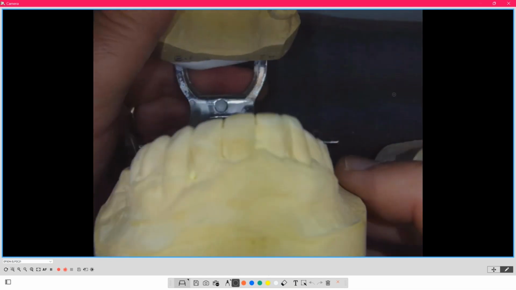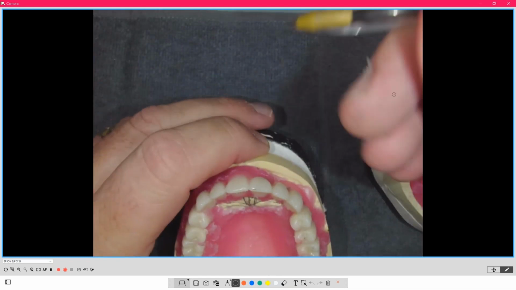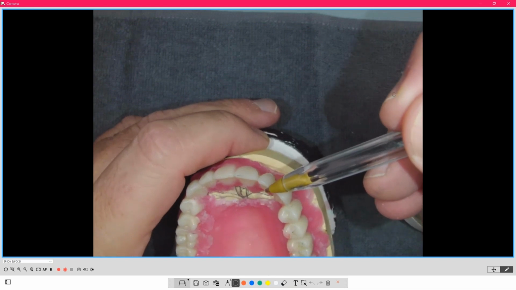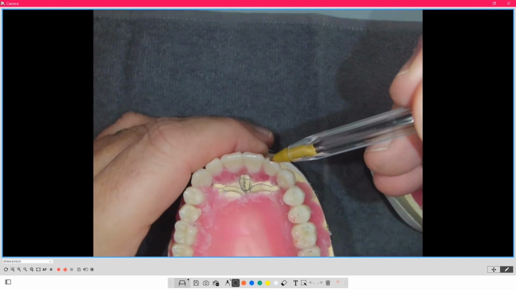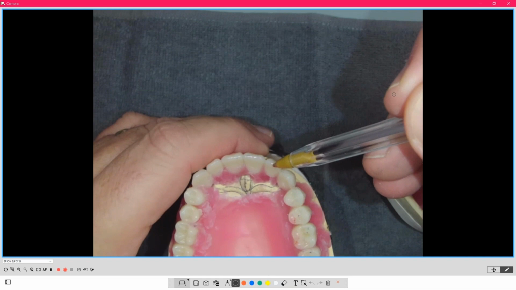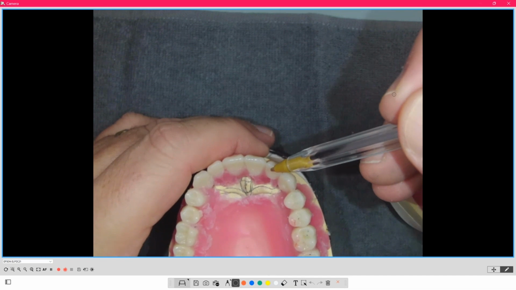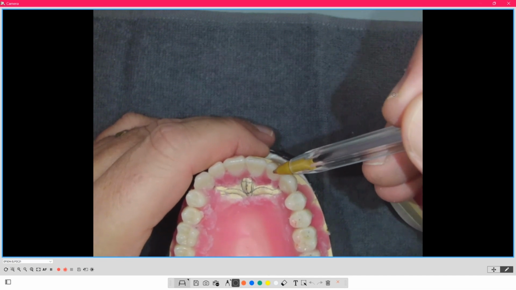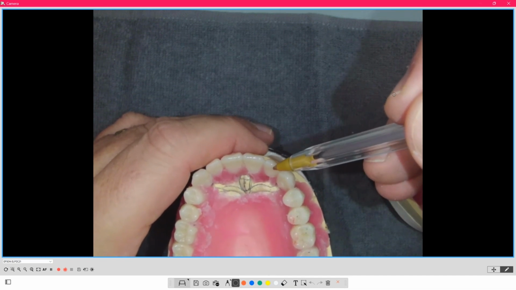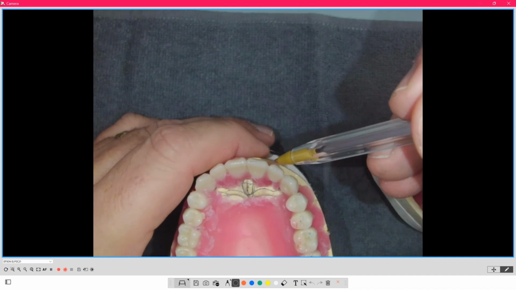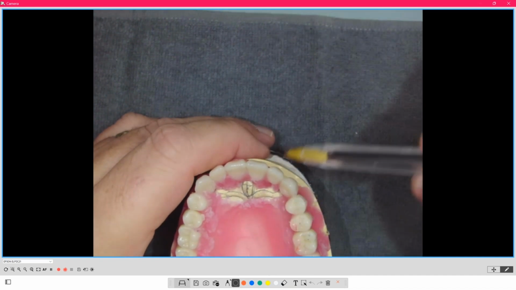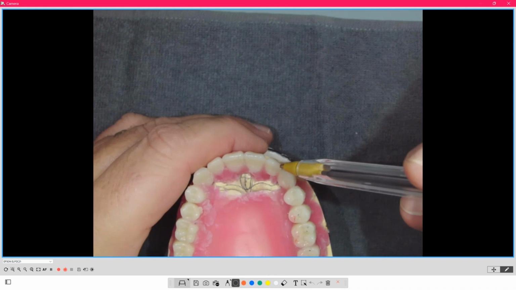So we'll just say, for example, there are some lower natural anterior teeth, and this case has broken out the patient's upper left lateral repeatedly. I think it's now broken out 3 or 4 times, and they keep repairing it, and it keeps breaking out. And their question was, what's going on? Why is it breaking? Is it a bonding issue? Is it the tooth structure? Why is it breaking out?